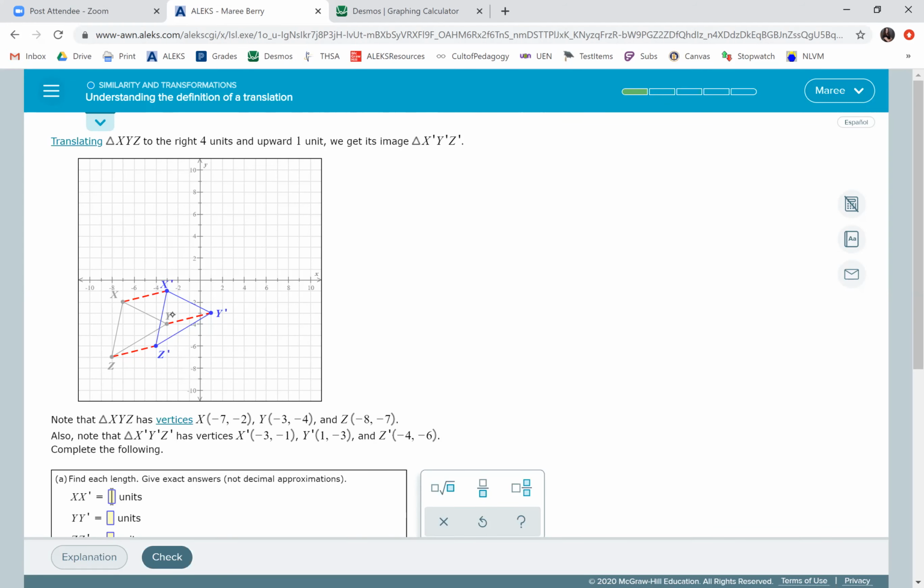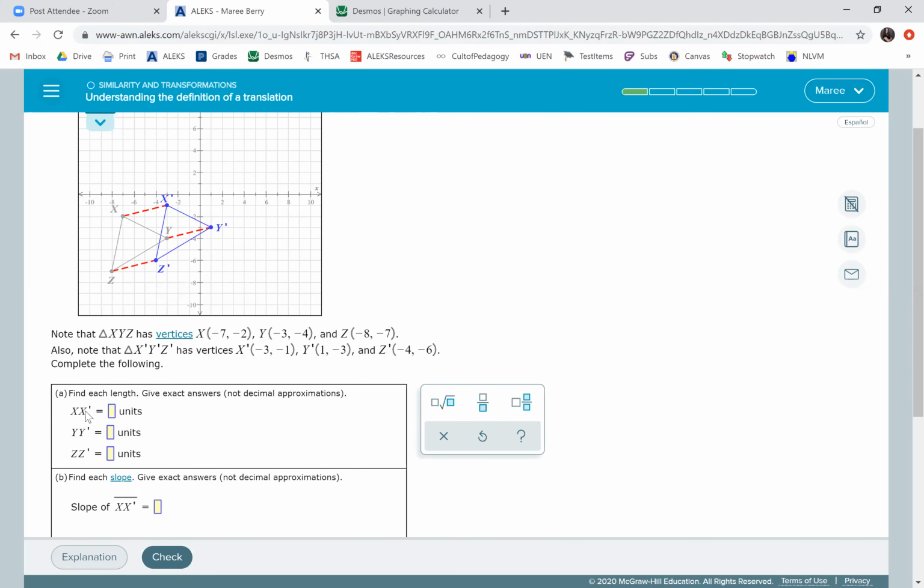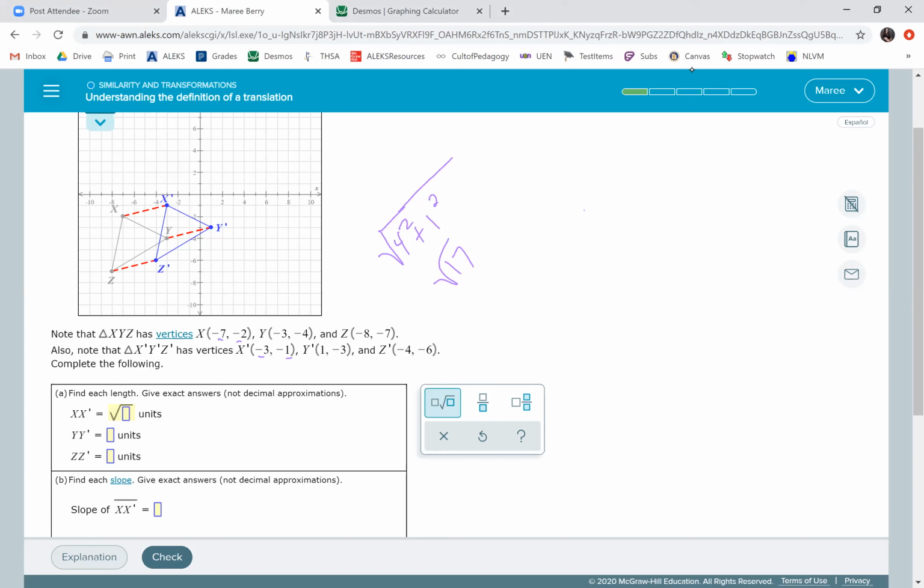So we moved 4 units right and 1 unit up. To find the length between x and x prime, the difference between -7 and -3 is 4 units. So we have 4 squared plus the distance between -2 and -1, which is 1 squared. So the square root of 17, and I'm going to type that in for all of my answers for the lengths.